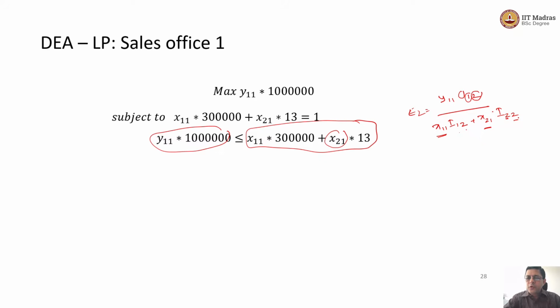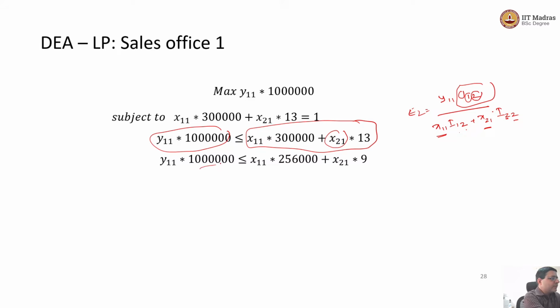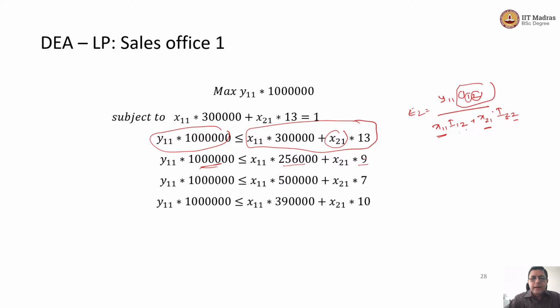You know the values of O12, I12, I22, but you don't know the values of Y11, X11 and X21. So you write that expression accordingly. Output is the same for all the DMUs, that is 10 lakhs, so this doesn't change. The only thing that changes are the input values for DMU 2. Similarly for DMU 3, DMU 4 and DMU 5.